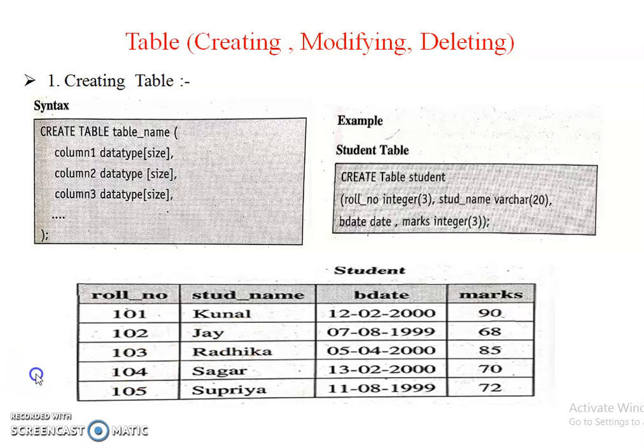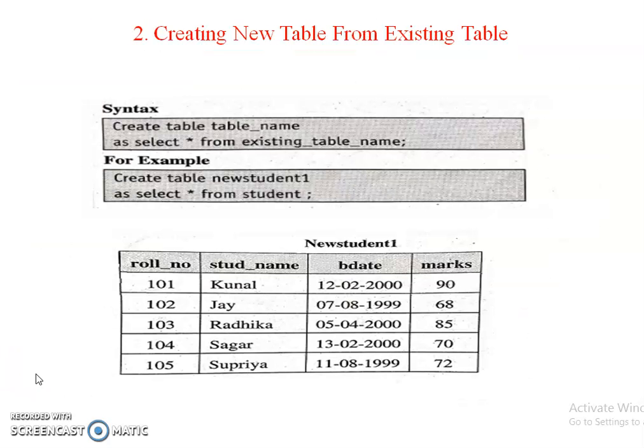Now, the syntax for creating new table from existing table is: create table, table name, as select. Whenever you are creating new table from existing table, you have to use select, as select star from existing table name.